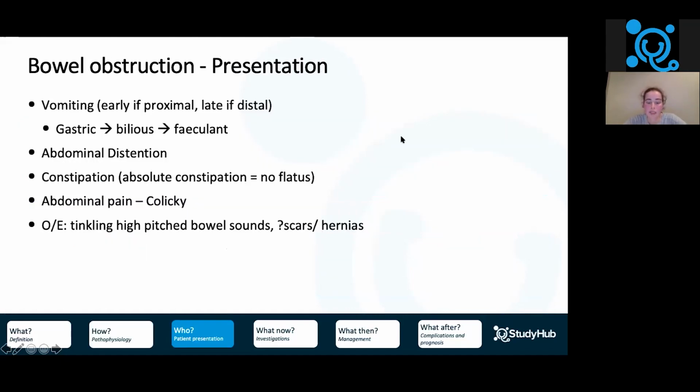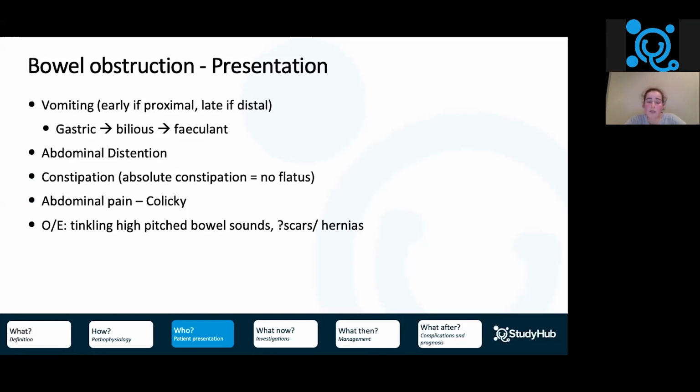In terms of the presentation, your key features of bowel obstruction are going to be vomiting. If the bowel obstruction is proximal, the patient will present with vomiting early. If the obstruction is distal, vomiting is going to be a later feature. The vomiting will start off as gastric contents, then become bilious, so green colour, and eventually it will become feculent.